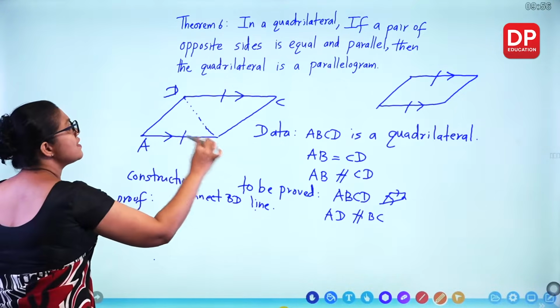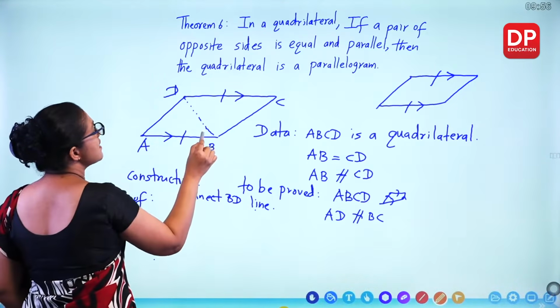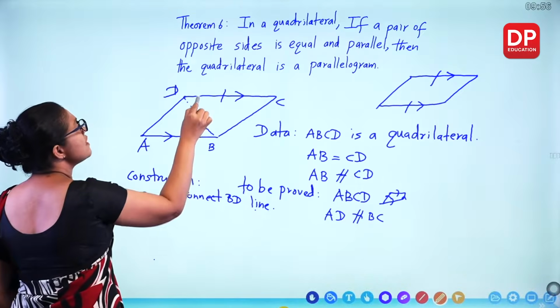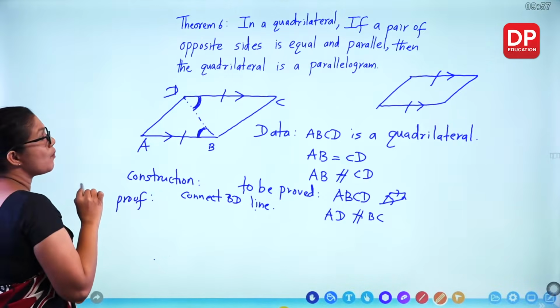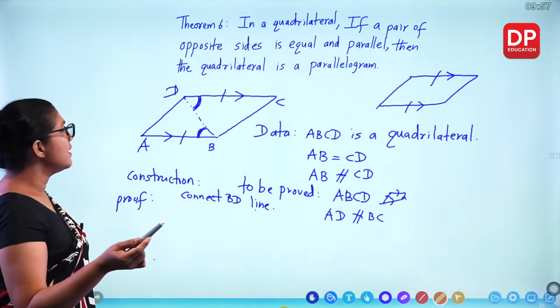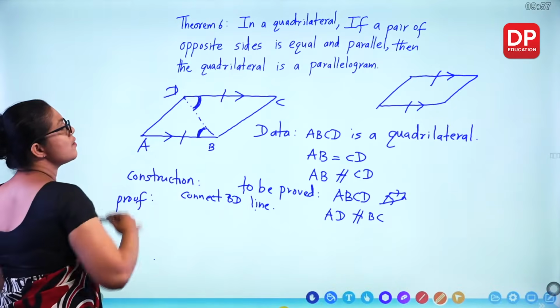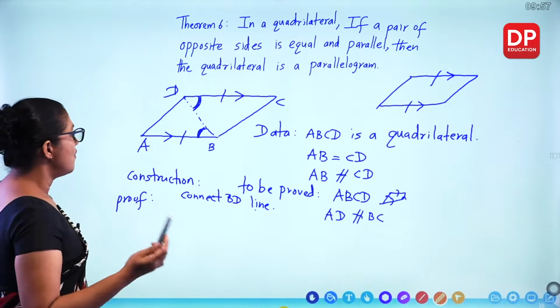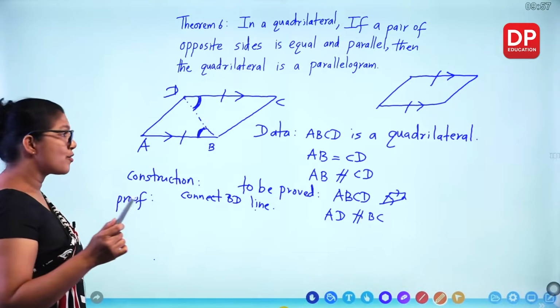We know these two lines are parallel. I can say that this angle is equal to this one. Why? Alternate angles are equal. And also I know this side is equal to this side. So I can show that these two triangles are congruent.